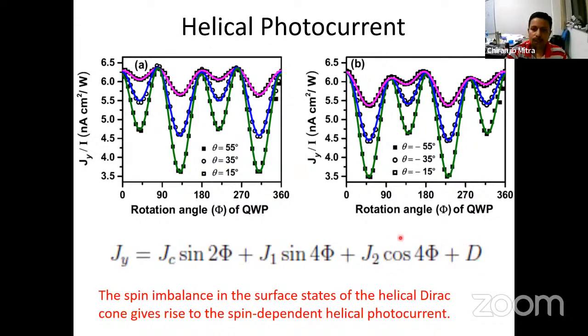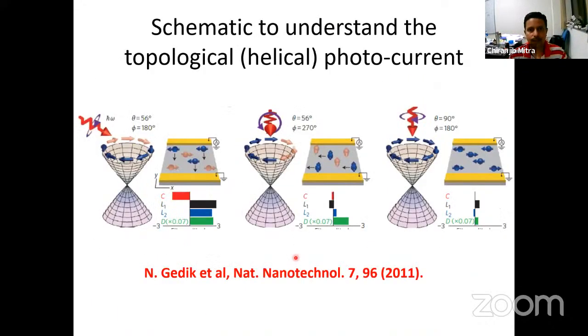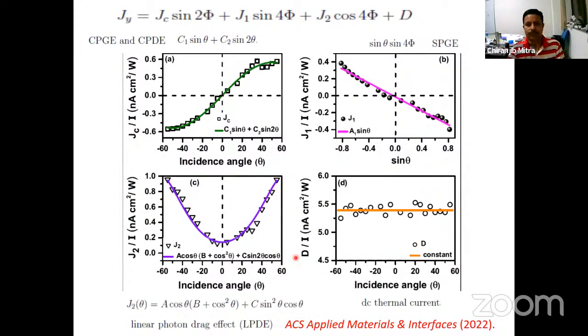J2 is the one which completely captures the bulk behavior, while JC and J1 capture the surface behavior. JC captures the circular photogalvanic effect, and this is the surface. This is the linear polarization that comes into the picture. Let me skip that in the interest of time.